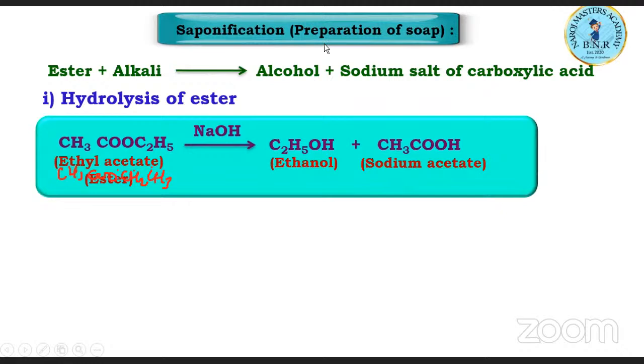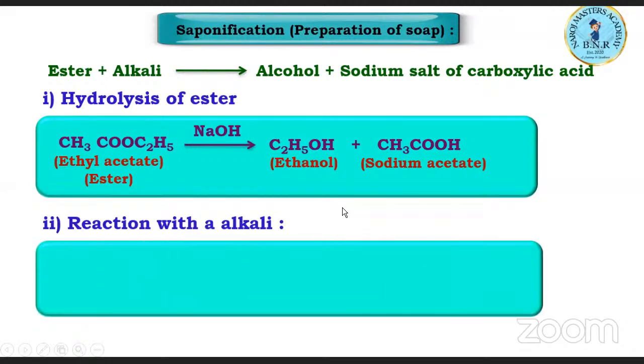It is a reverse process. Alcohol plus ethanoic acid gives this one, and if you heat this one, then we get this one. This is the reverse process. Let me stop the class here for today. We'll see what is present here.